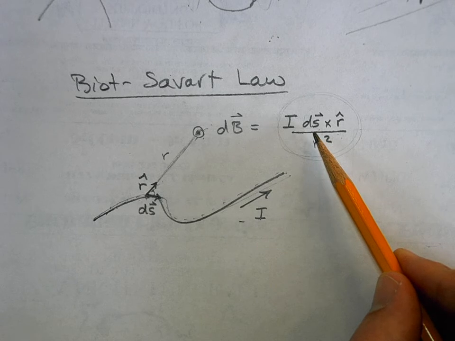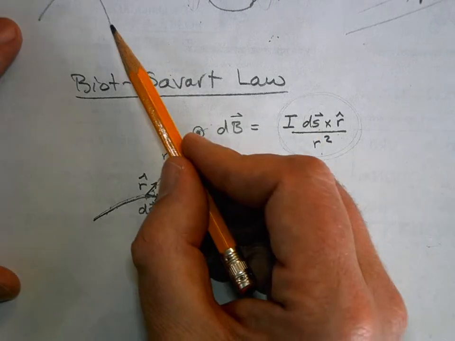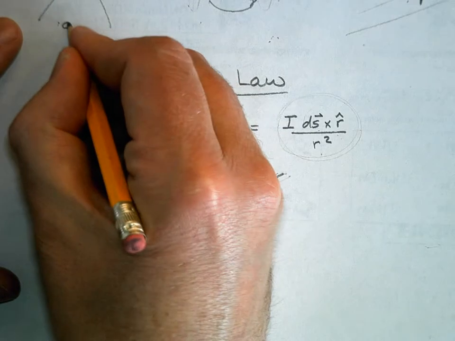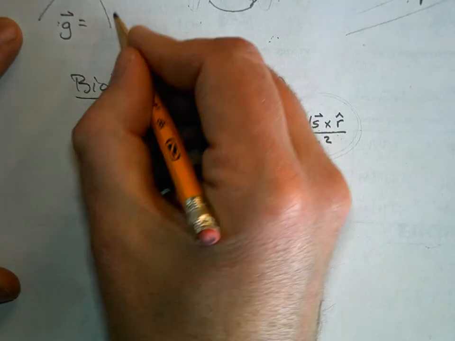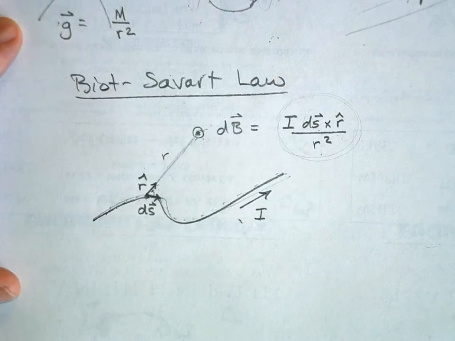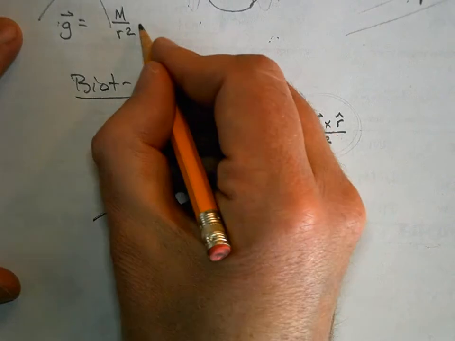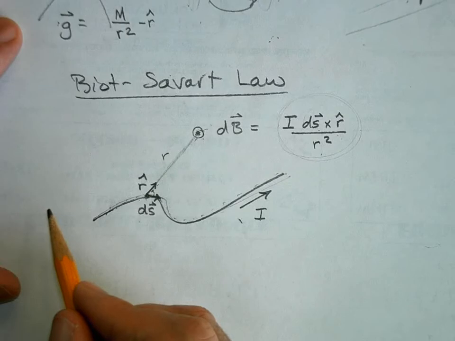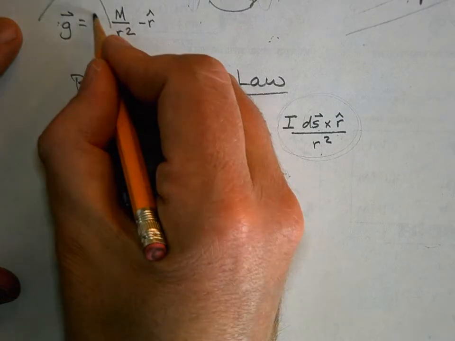But now remember over here, I had to figure out what the gravitational field was. I had m over r squared in the negative r hat direction, right? But what did I need out here in front of it? I needed a constant.